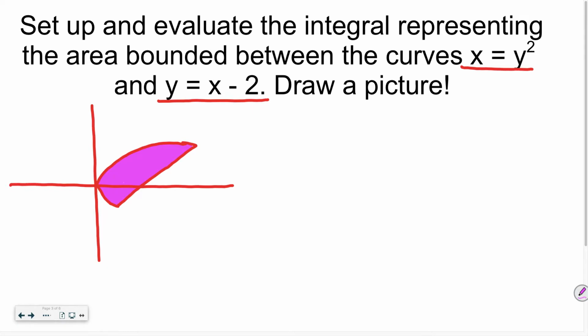Okay, and yesterday we did some algebra. What was the coordinate of this intersection right here? 1, -1. And the coordinate of this intersection right here?